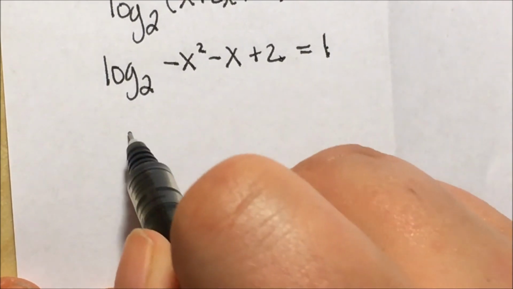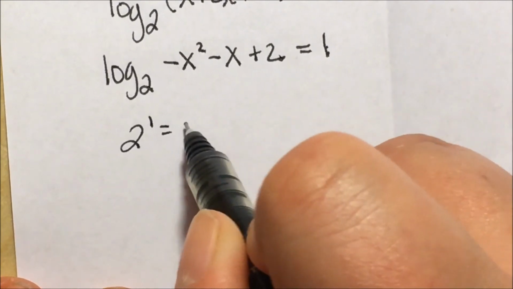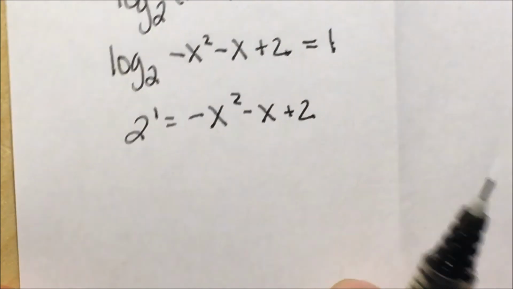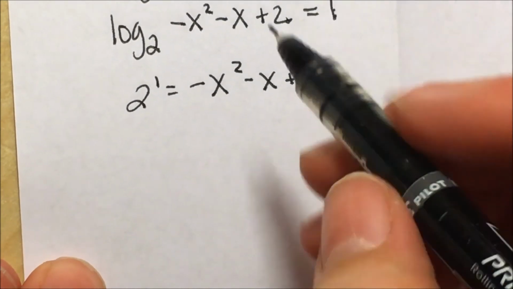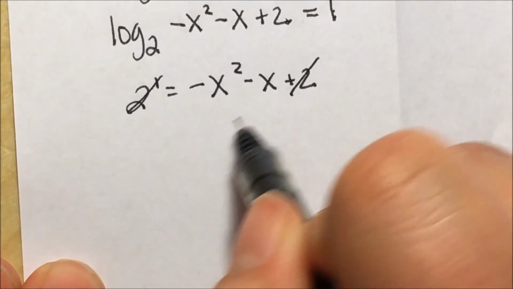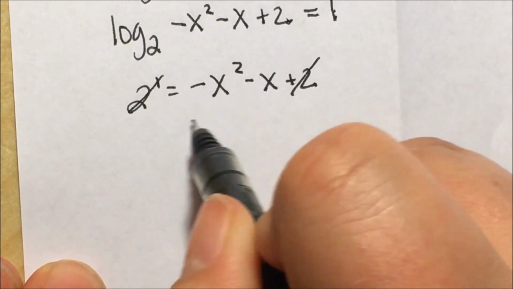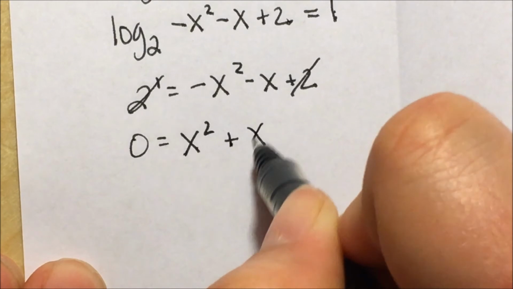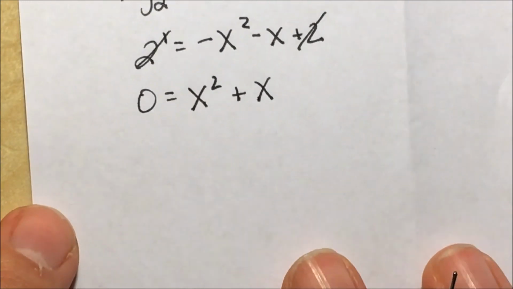So that's 2 to the power of 1 equals the input. With any quadratic, I want to move everything to the same side and get 0 on the other side. I'm actually going to change these to positive, just divide away the negative, and factor.